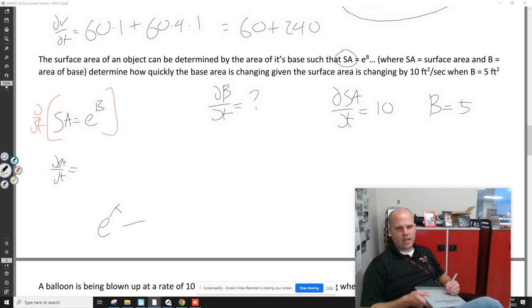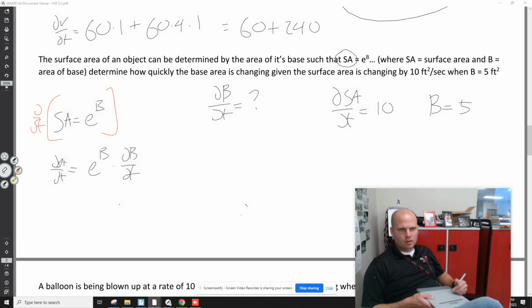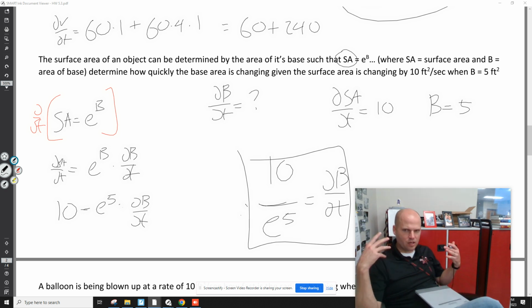The derivative of e to the x is e to the x, right? You've said the derivative of e to the y is e to the y dy dx. The derivative of e to the b would be e to the b times db dt. The base is 5. dB dt, I'm trying to find. dSA dt is 10. I mean, the answer is 10 over e to the 5th. See if you can get that. Go back. See what I did.